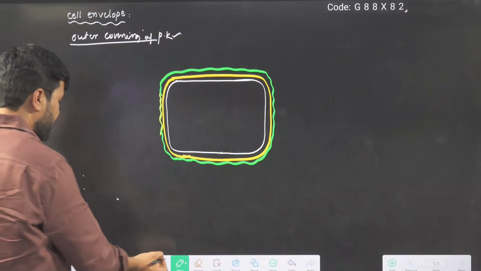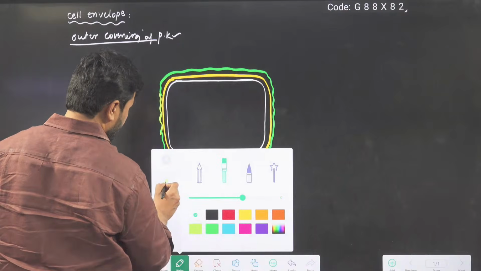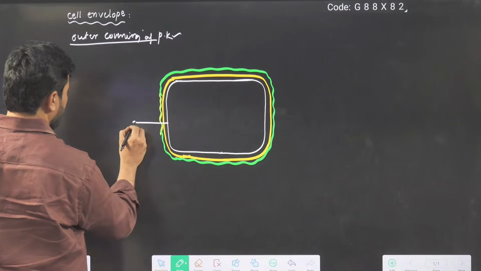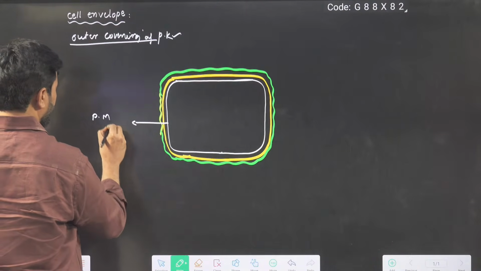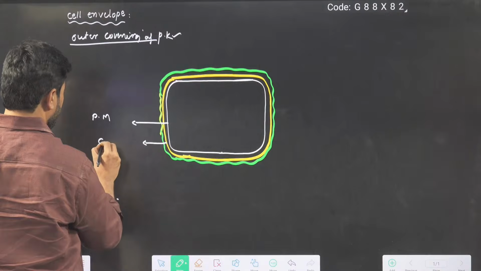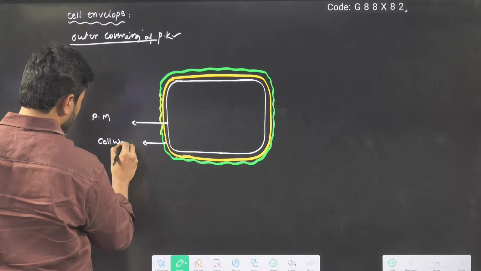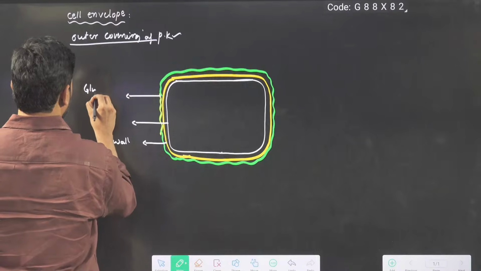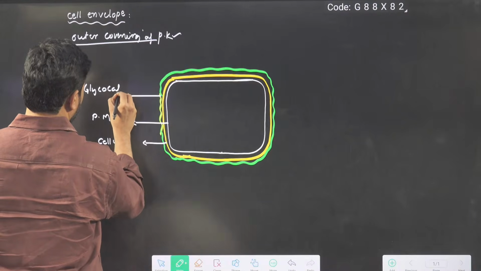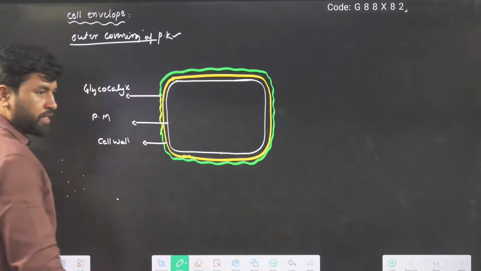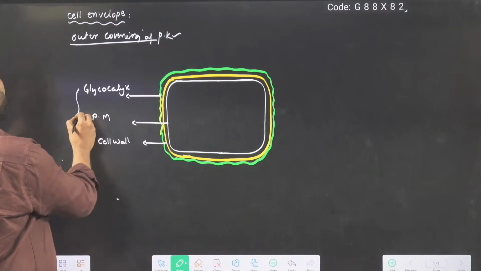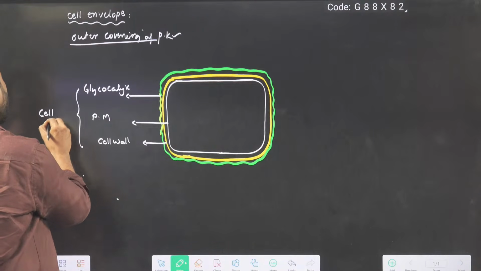One by one, first is the plasma membrane, second is the cell wall, and the third one is known as glycocalyx.